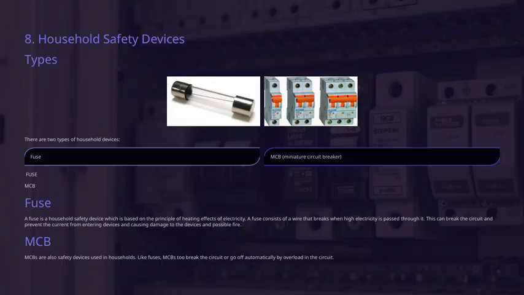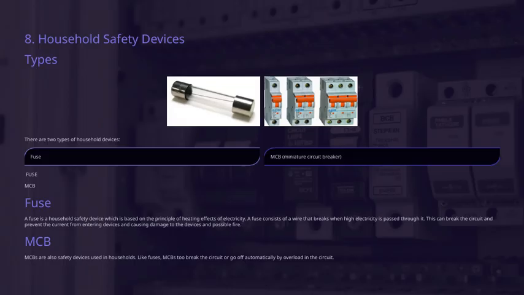Moving on to MCBs, or miniature circuit breakers, these are also safety devices used in households. Like fuses, MCBs are designed to break the circuit, but they do so automatically in response to overloads. When the current exceeds a safe level, the MCB trips and switches off the circuit.